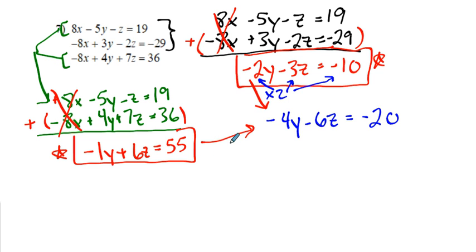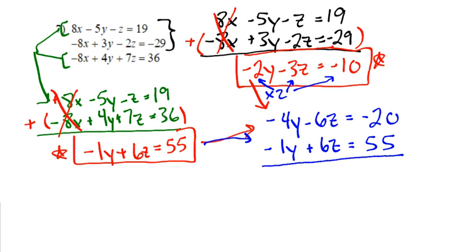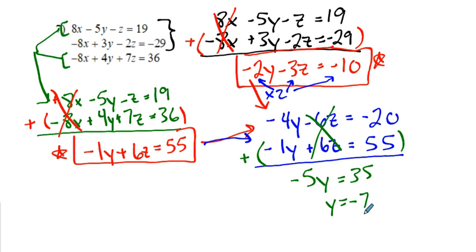And then this one will come over here and be the same, negative 1y plus 6z. I don't have to change it because my z's already have the same coefficient. And what I'm going to do with those is add them because these have the opposite sign, and it will eliminate the z's. So I have negative 5y equals 35, or y equals negative 7.